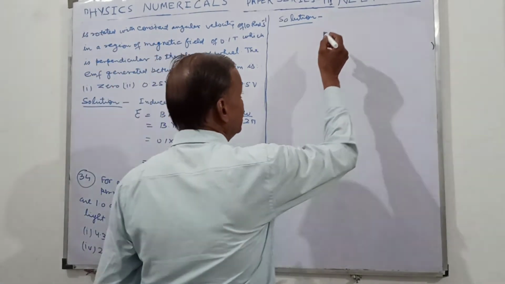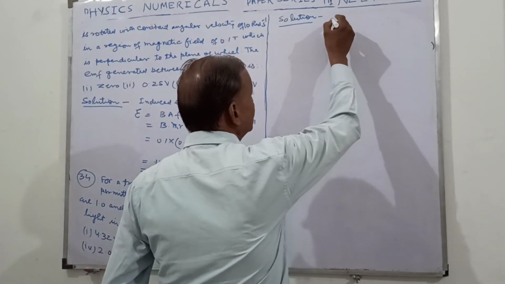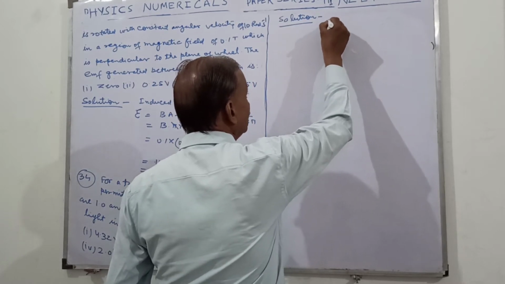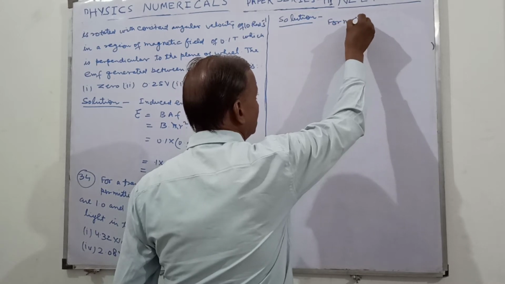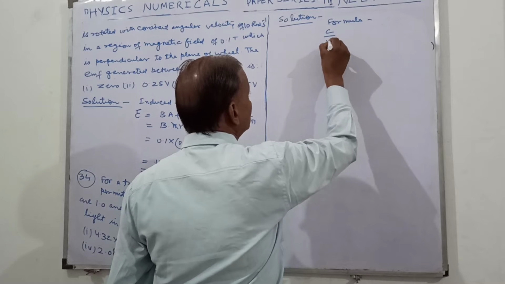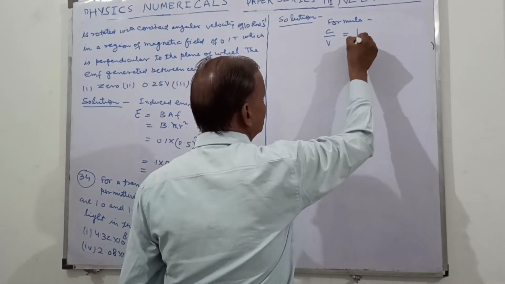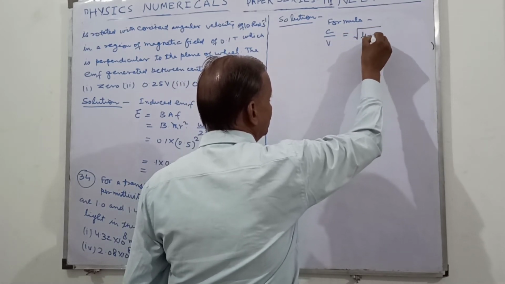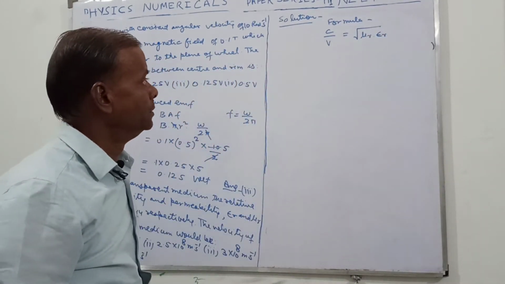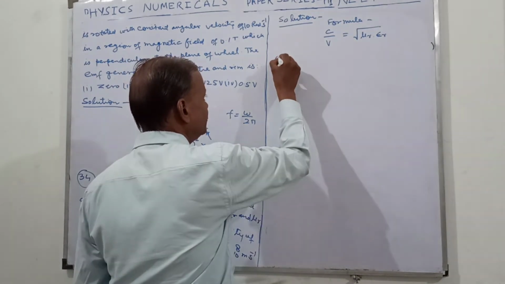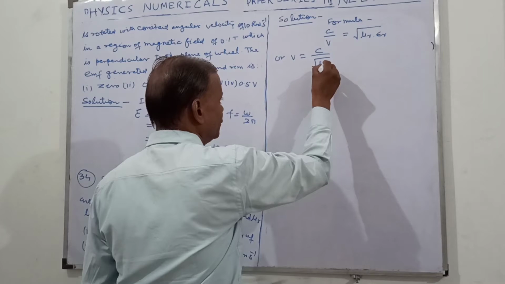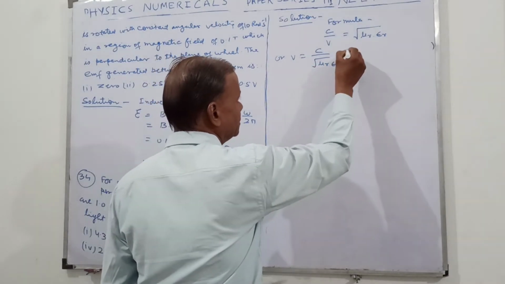So we have the formula C upon V equal to the square root of mu r into epsilon r. You have to find the V. V equal to C upon the square root of mu r epsilon r.